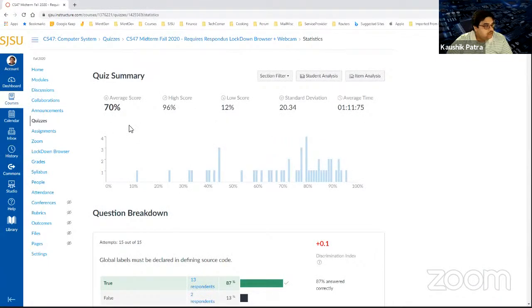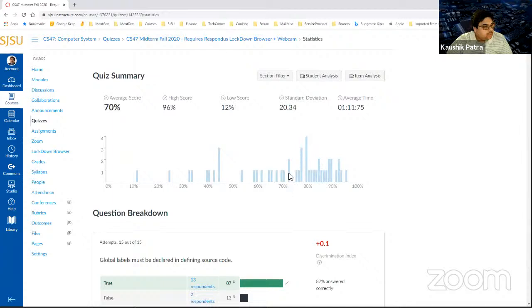Your average is 70%, which is just barely touching the pass mark, with a high of 96%. And your distribution looks like this. Many people are in the 80% and 90% ranges, which is good.